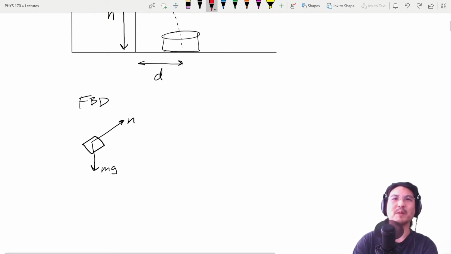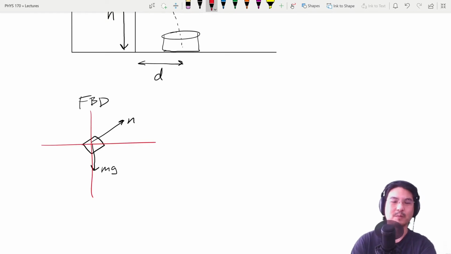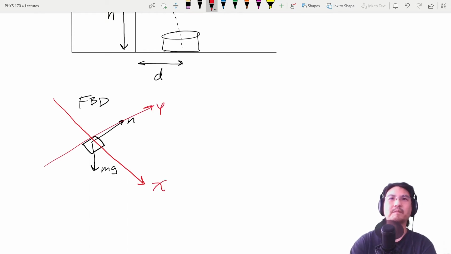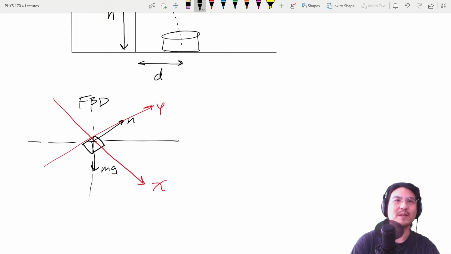Then it's moving down the ramp. You can pick coordinates like this, that's perfectly fine. But it's moving this way, so I'm going to pick my coordinate in that direction. I'll call it X, and I'll call this Y. Now which of these is the angle is the issue. So one more time with that strategy. This is horizontal, this is vertical.